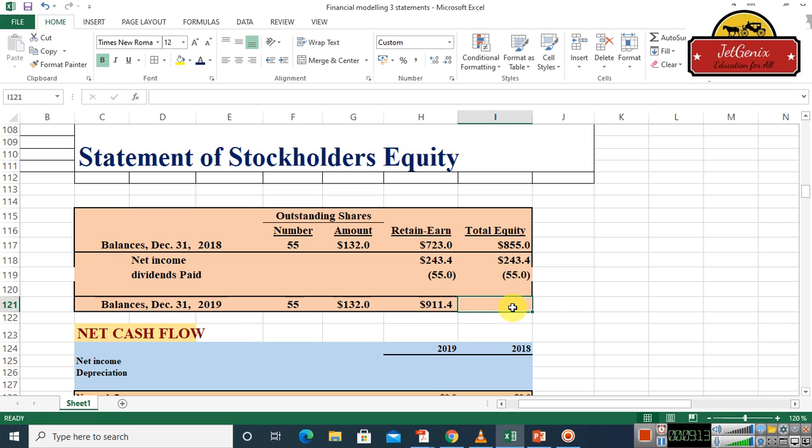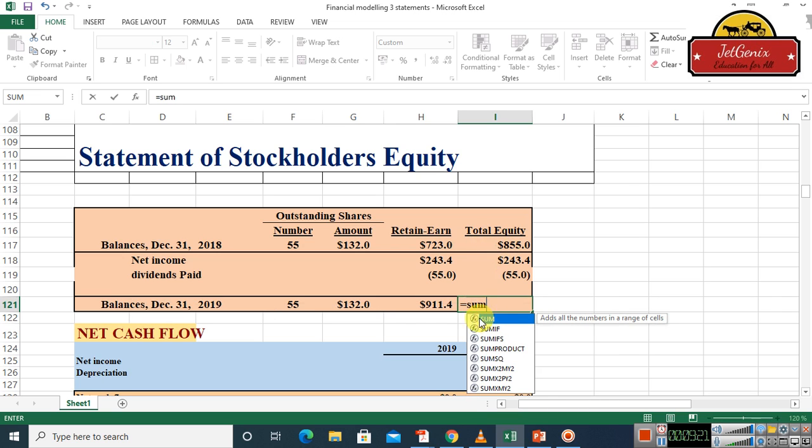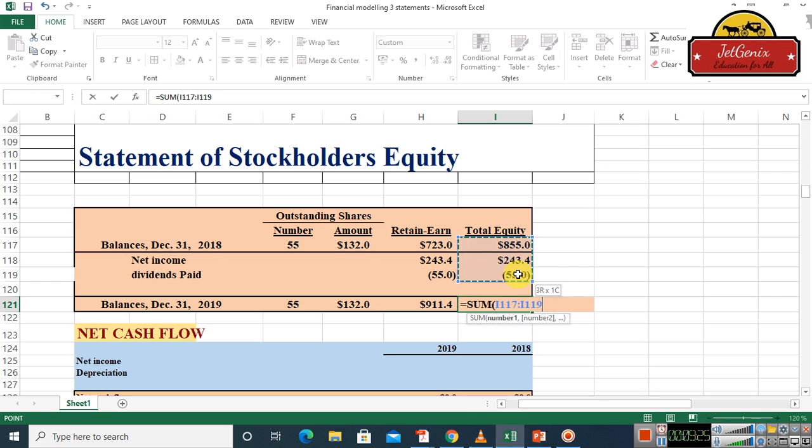And the total equity as on 31st December 2019 is the sum of the three values, equivalent to 1043.4 million. So this is how we can construct the statement of stockholders' equity.